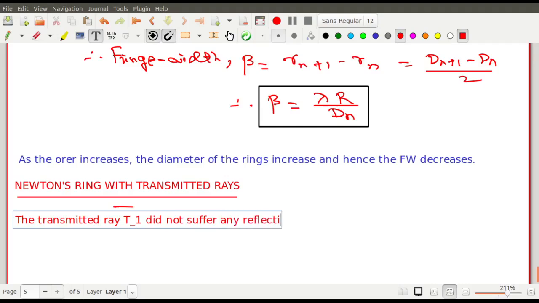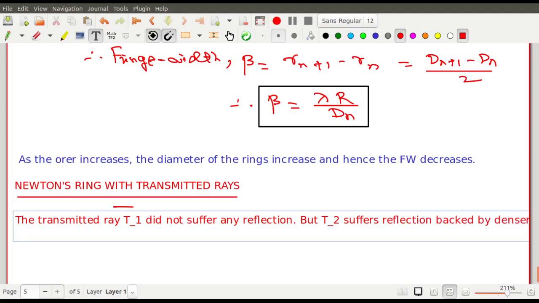But T2 suffers reflection from a denser medium twice, at G and H. Once at G, once at H, right?